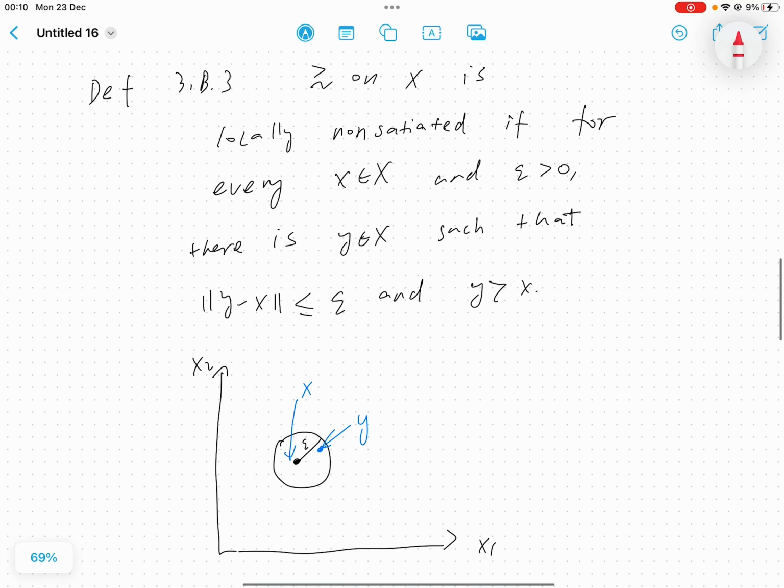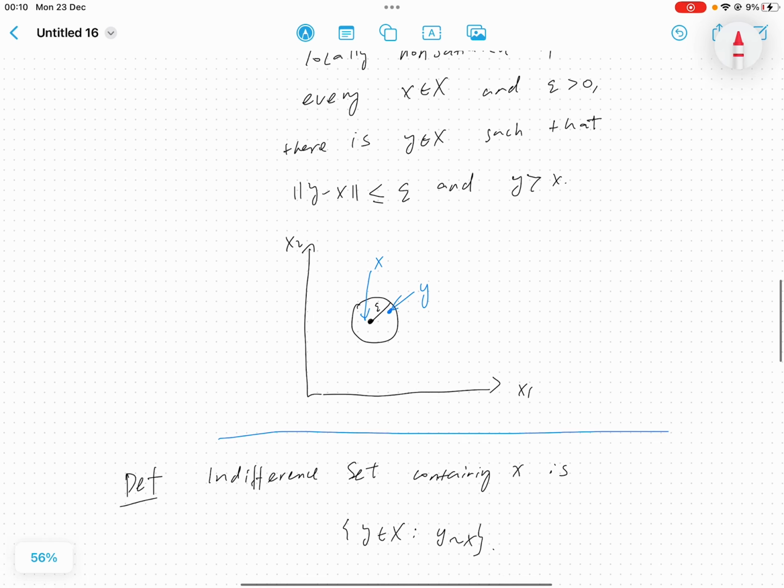So this statement says that this preference relation is locally non-satiated if for this x and some positive number epsilon, there's some y such that the distance between those 2 points x and y is less than or equal to this epsilon, and this y is strictly preferred to x. So this would be the definition and the graphical interpretation of local non-satiation.